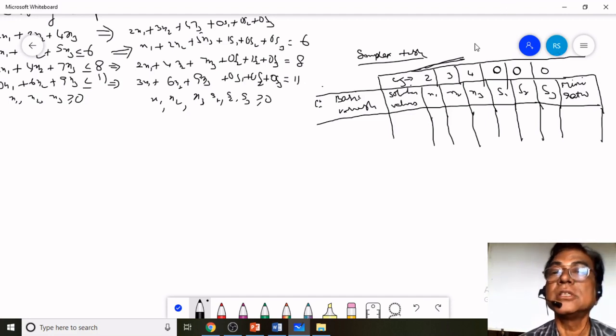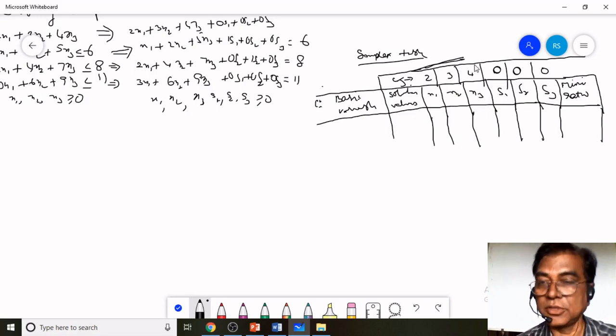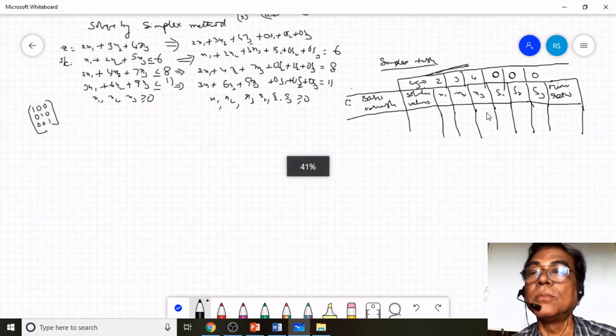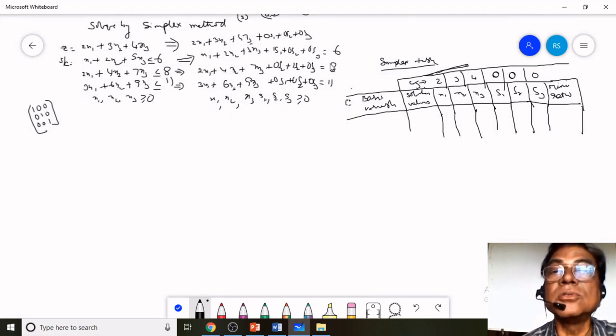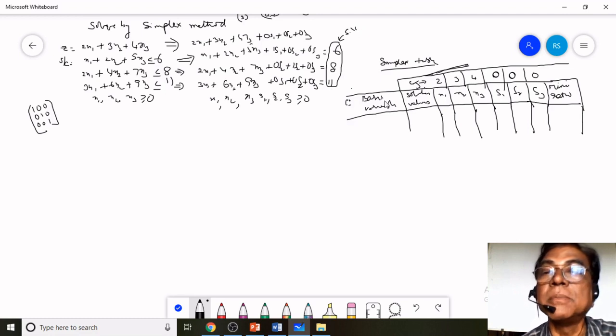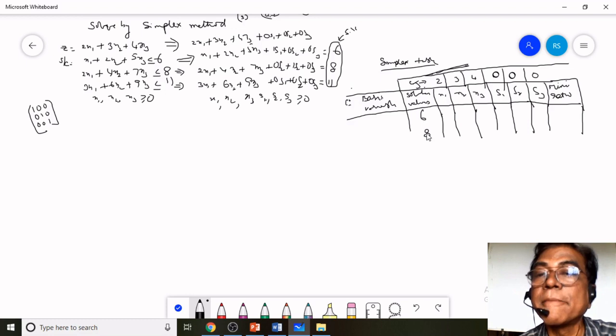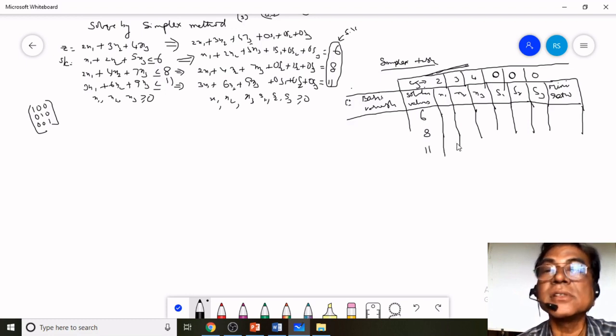Point to point means solution values. Please remember this. These are solution values, also called the solution shortcut values. Please enter the values in the tabular form: 6, 8, and 11. Finish.